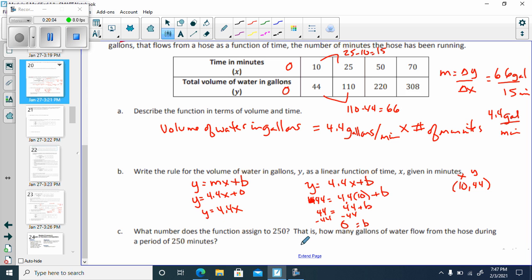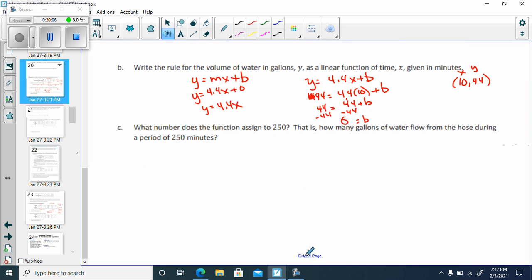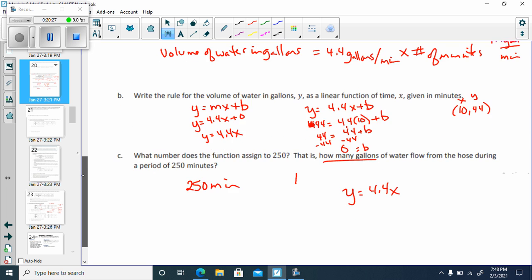This says, what number does the function assign to 250? That is, how many gallons of water flow from a hose during 250 minutes? We're looking for the number of gallons. Well, let's use our equation. Y is equal to 4.4 times x. What are our x and our y?